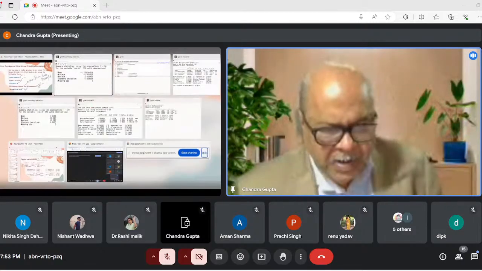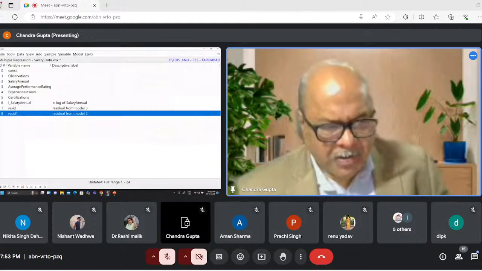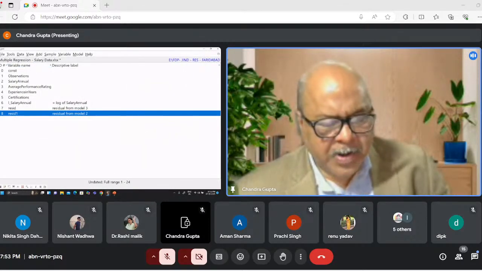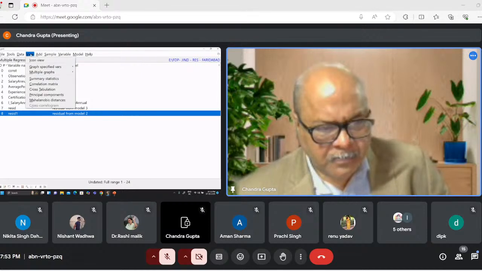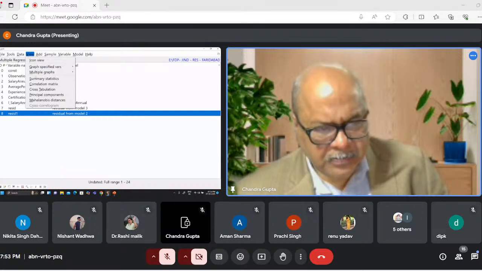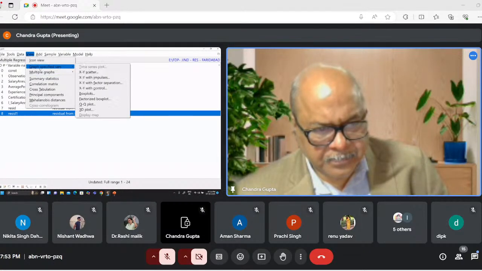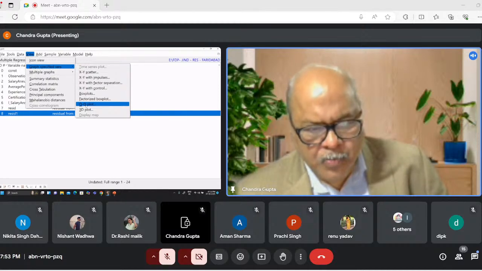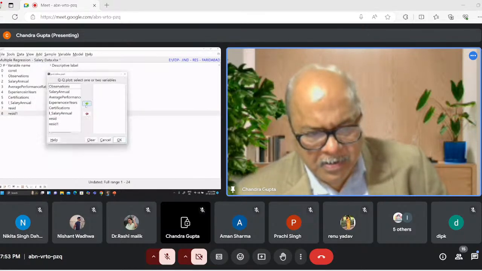Okay, so coming back to our, if you remember, we saved the residuals. I can make a histogram of it. View, specify graph. You can make QQ plot, residual 1.